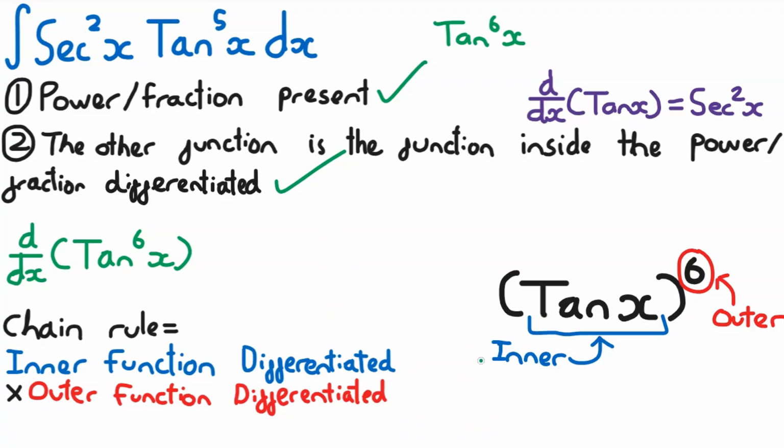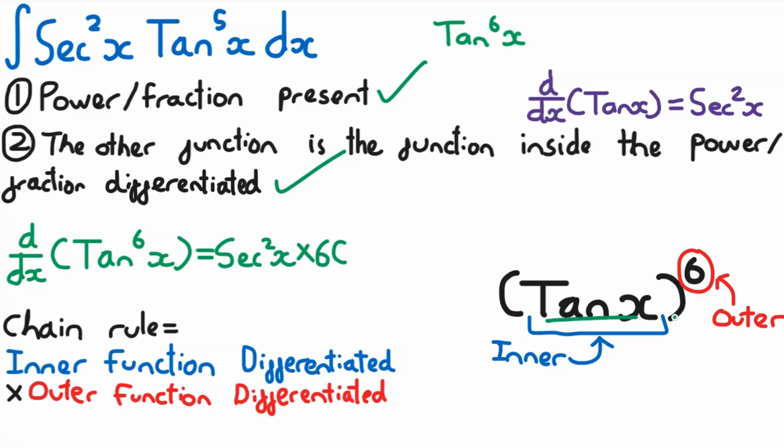This tan of x is the inner function, and this power of 6 is the outer function. So the chain rule is the inner function differentiated, which is this tan x differentiated. We've already talked about the fact that when you differentiate tan of x, you get sec squared of x. And then we're going to multiply this by the outer function differentiated, which is this power of 6 here. So when you differentiate the power of 6, the 6 comes down as a coefficient.